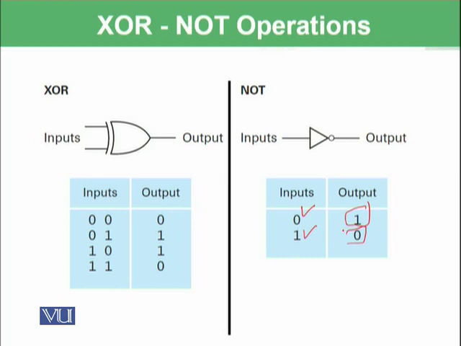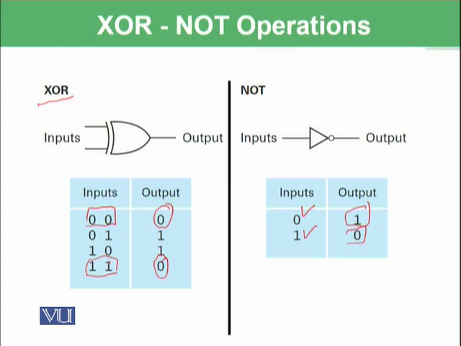And here is another interesting operation known as exclusive OR. In exclusive OR, it produces an output of 0 when both inputs are the same. So whether they are 0 or they are 1, it produces an output of 0.